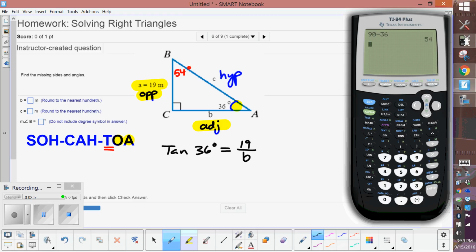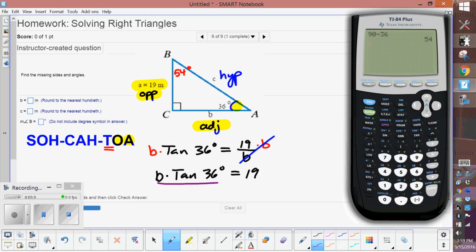I have to do some algebra here. I need to get b out of the denominator. And I do that by multiplying both sides by b. And then I would have b times the tangent of 36 degrees equals 19. And then last but not least, remember tangent of 36 is a decimal programmed into my calculator.